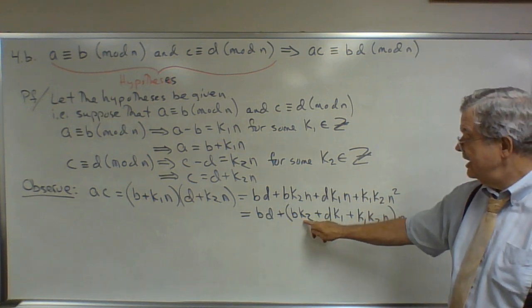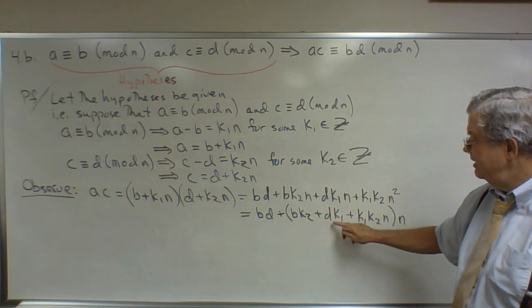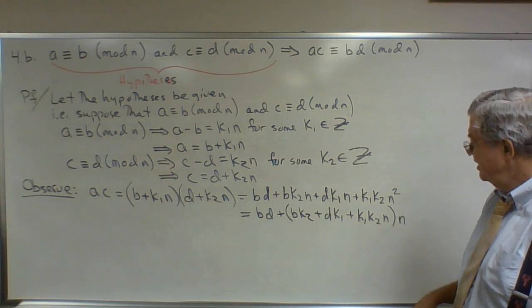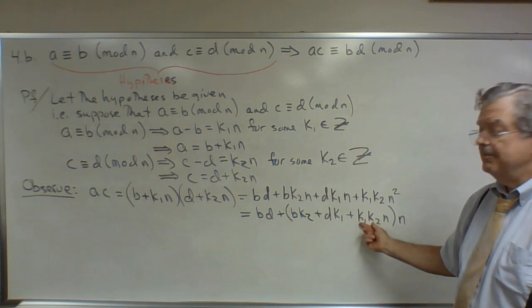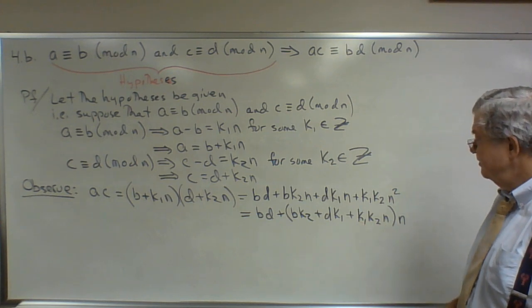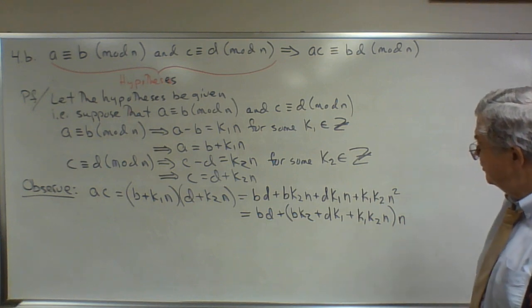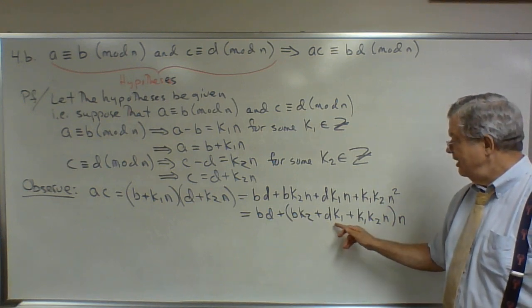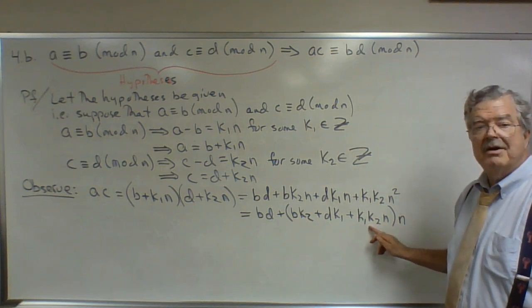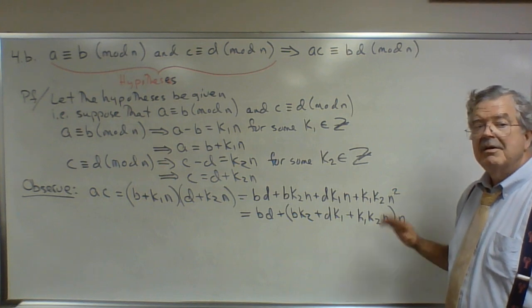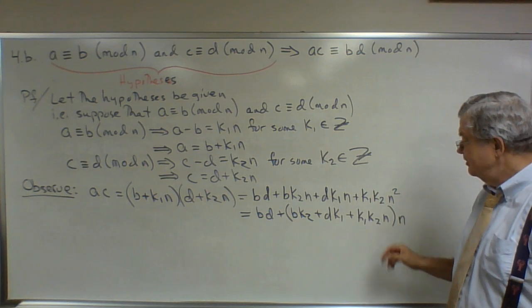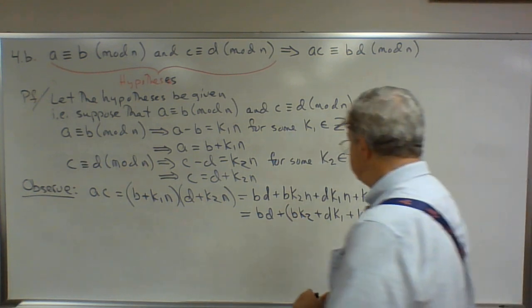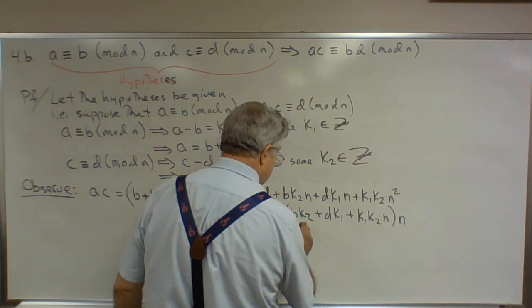It's an integer. K2 is an integer. D is an integer. K1 is an integer. K1 times K2 is going to be an integer. N is an integer. So this is the sum of products of integers. Products of integers are integers, and sums of integers are integers. So this is going to be an integer.